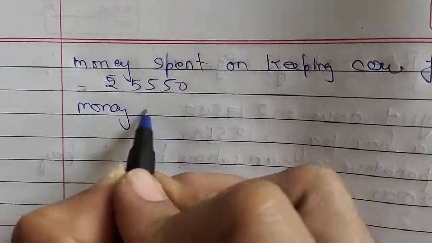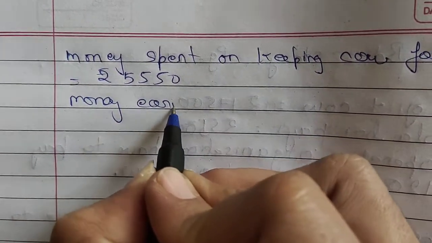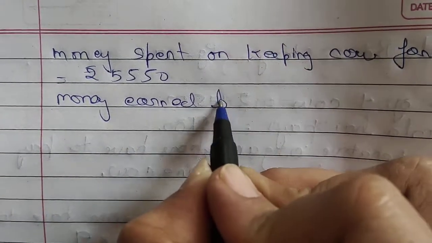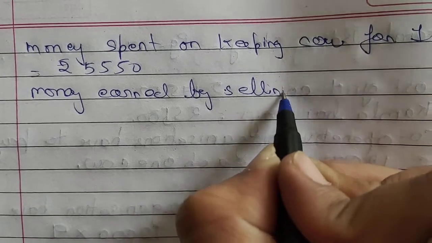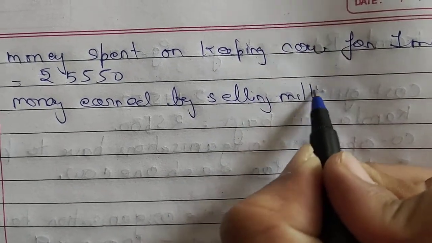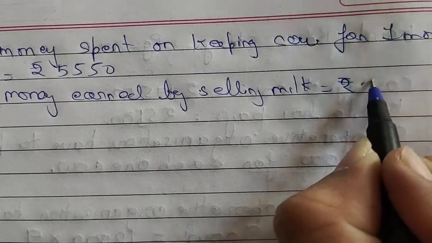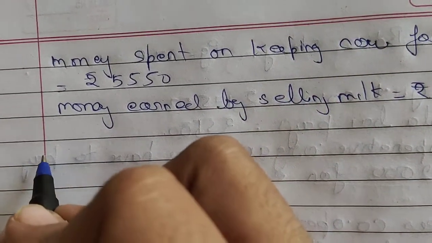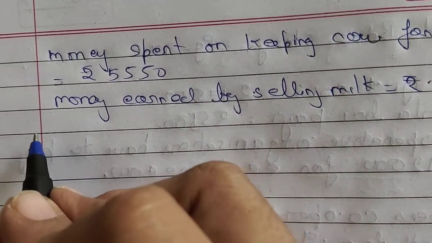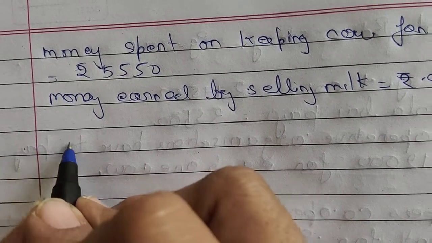Now money earned by selling milk is equal to rupees 9,360. Okay, money earned is more, so now we are supposed to find how much more.